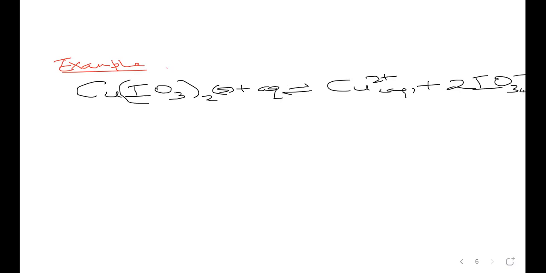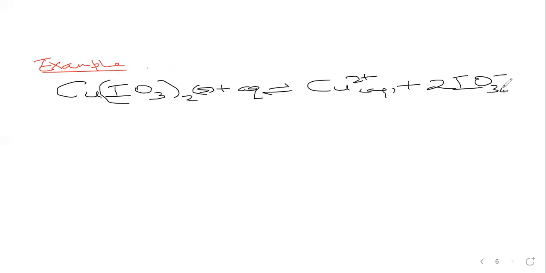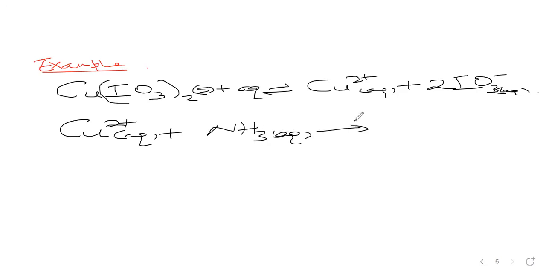Write the state symbols very well. Now, when you add ammonia solution to its saturated solution, the copper 2 ions react with the ammonia to form a complex. This complex, you looked at it in O level. Tetraamine copper 2 ions, balanced by a 4 here.